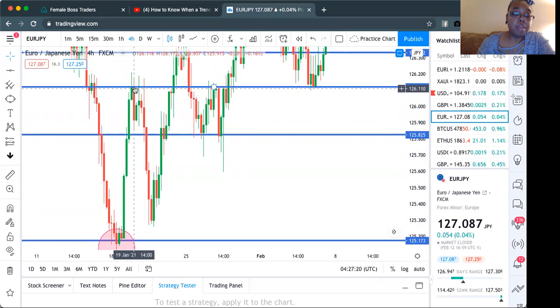It shot all the way up, touched here, then there is some consolidation along here, and then this candle here turned into a downtrend, and it went all the way down. Before you know it, the buyers pretty much took over, but there's still some consolidation, a little bit up in here.